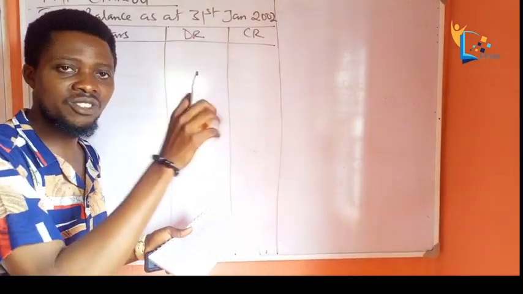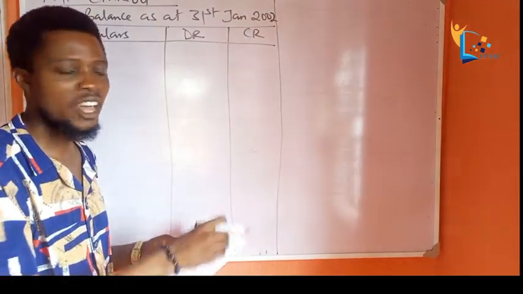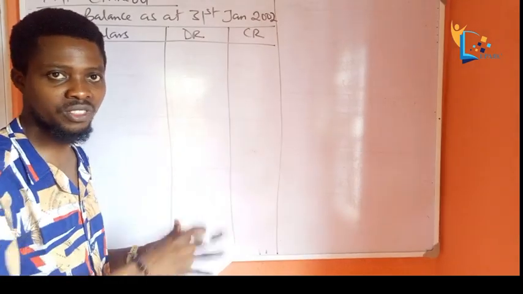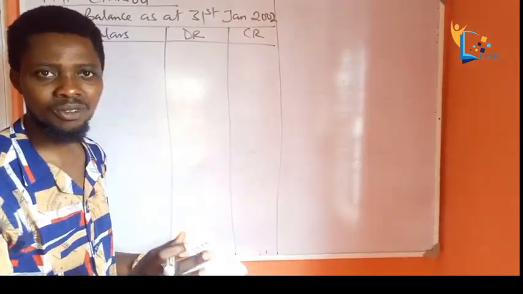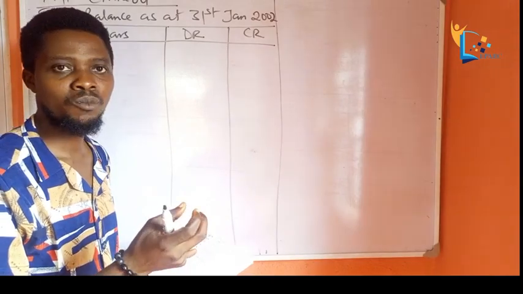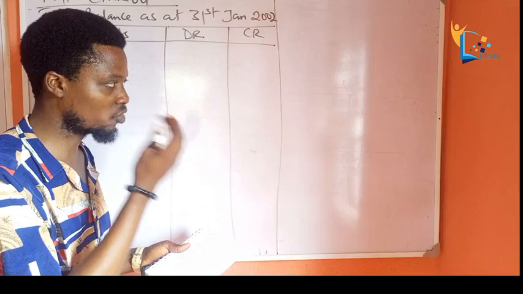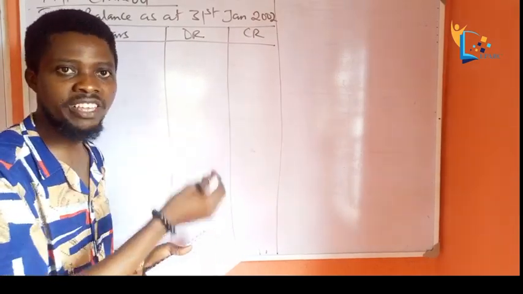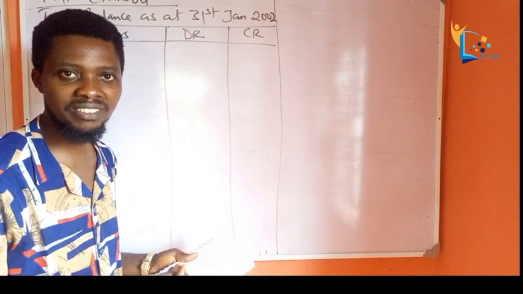So trial balance is the list of balances extracted from the ledgers to test the arithmetic accuracy of our entries. Trial balance is not an account. It's just a tool to test if our entries, our postings, are correct.